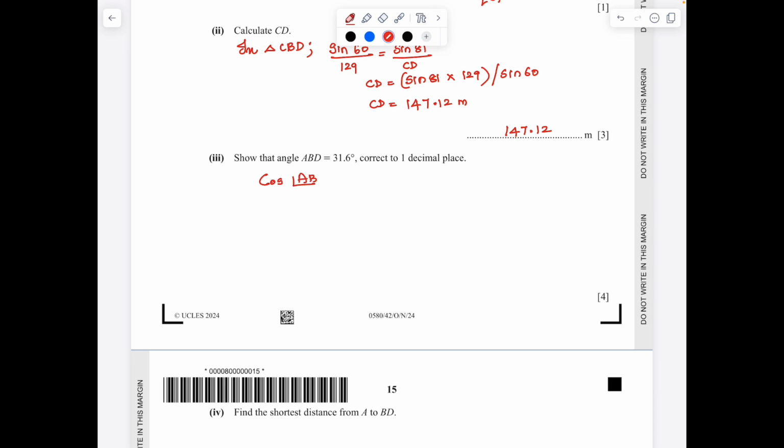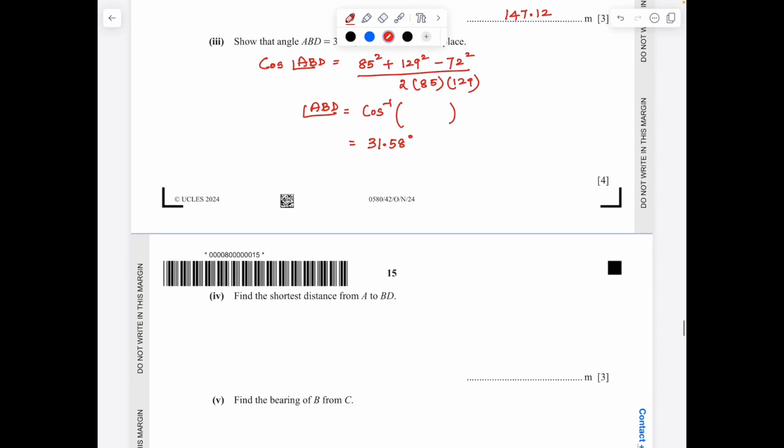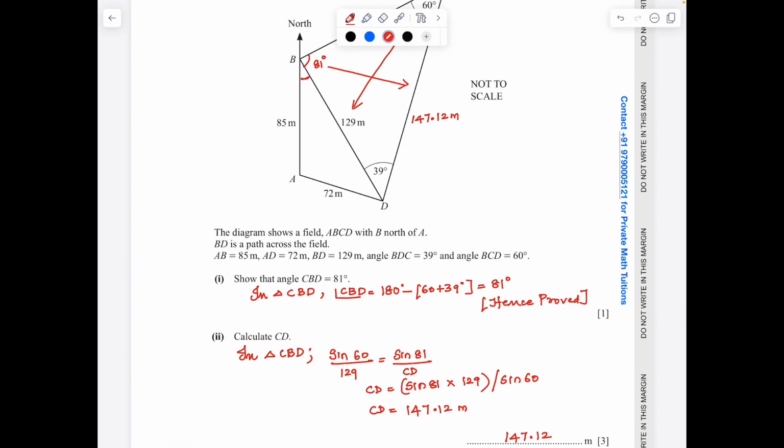Cos angle ABD will be equal to 85 square plus 129 square minus 72 square by 2 times 85 into 129. Angle ABD will be cos inverse of this entire quantity, which gives us 31.58. So this angle is 31.58.